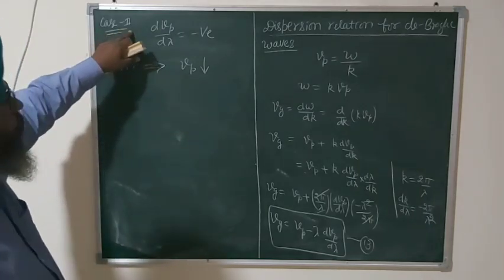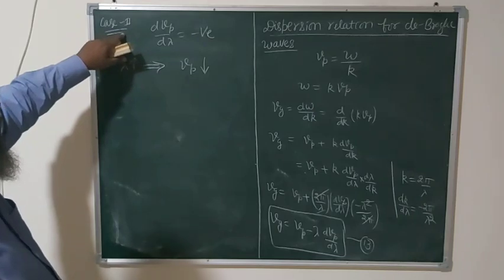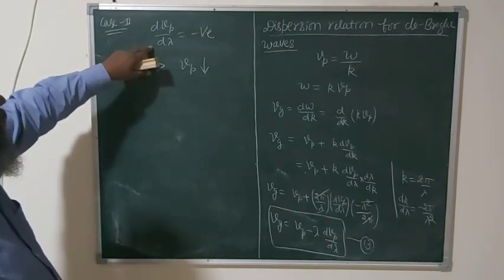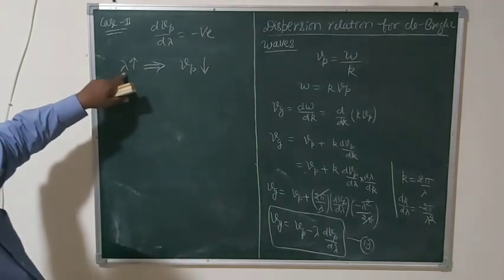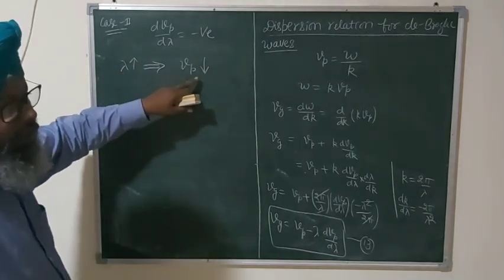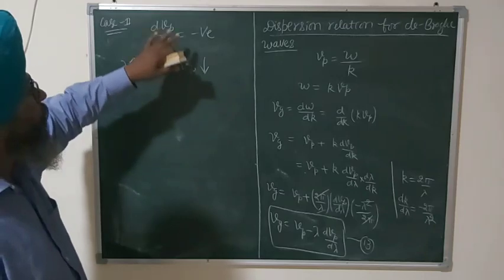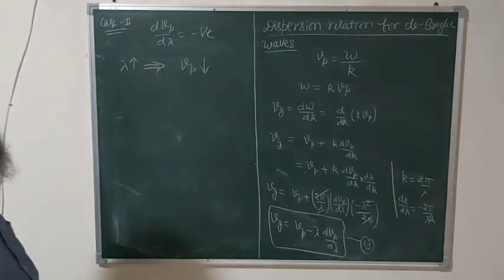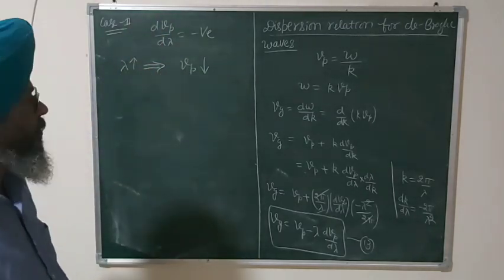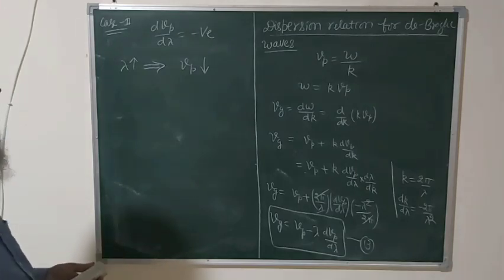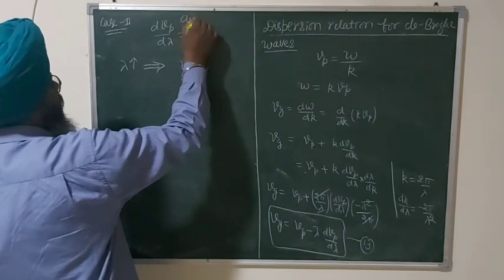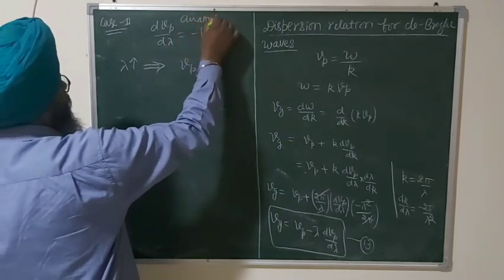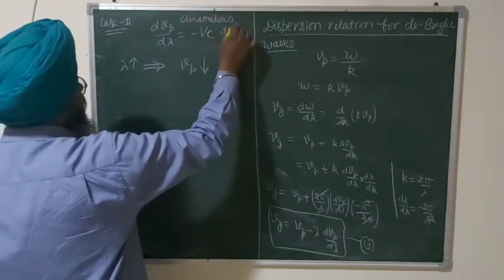And in case 2, we are just seeing that if dVp by d lambda is negative, then higher wavelengths will have low speed and vice versa. So this kind of dispersion is unlike light. It is called anomalous dispersion.